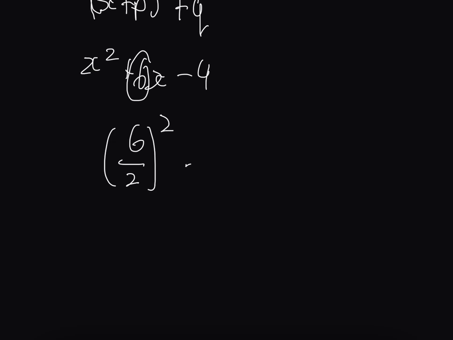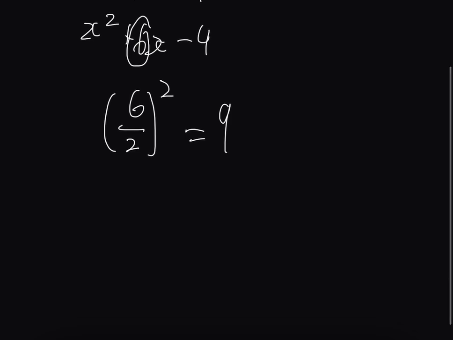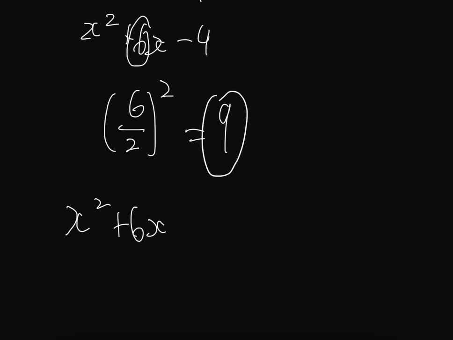So this would equal 9. Now, to make this a perfect square, we must add this 9 to it. So it would be x² + 6x + 9.